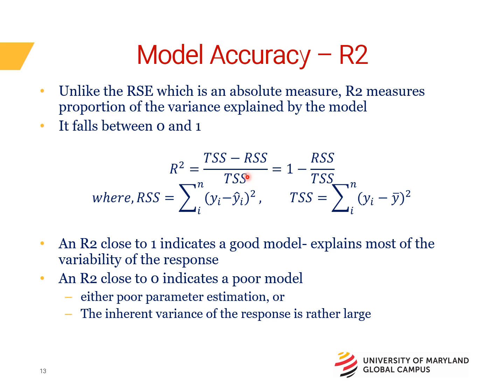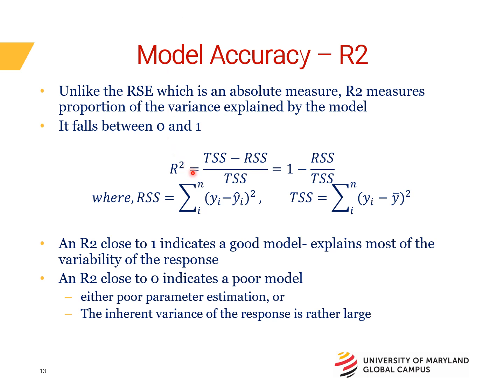The closer the R squared is to 1, the better the indication that the model is a good model. It means it was able to explain most of the variability in the response. And if the R squared is close to 0, it means it is not any better than the null model. You can take the average, so it's not worth fitting a model.